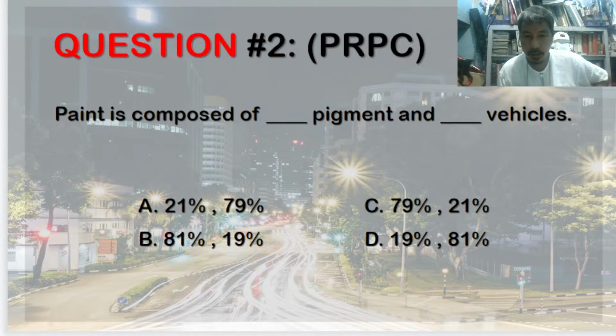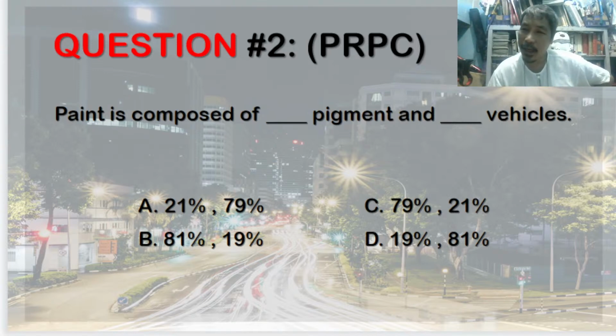Letter C, 79% pigment and 21% vehicle. Letter D, 19% pigment, 81% vehicle. Okay. So the answer to this is letter A, 21% pigment, 79% vehicle.